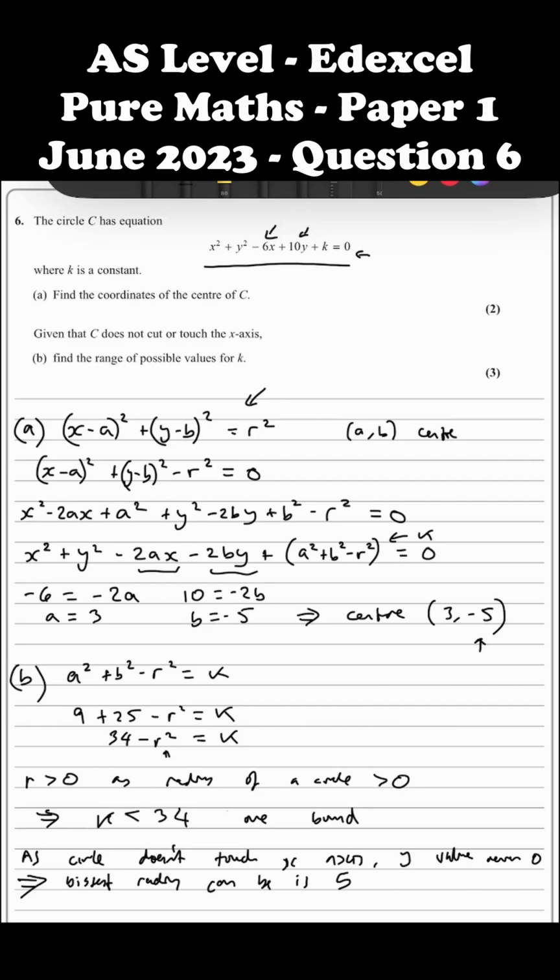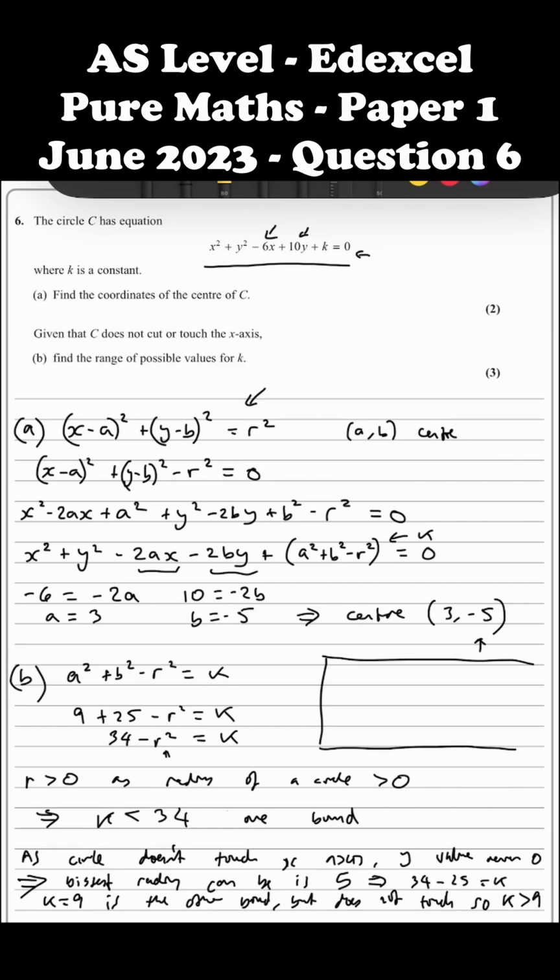It can never touch the x-axis. So if the biggest the radius can be is 5, then 34 minus 25, which is 5 squared, equals k. So k equals 9 is the other bound, but it does not touch, so k must be greater than 9. So I'll just pop it up here. 9 less than k less than 34 is our answer.